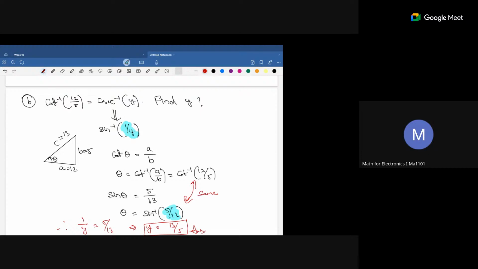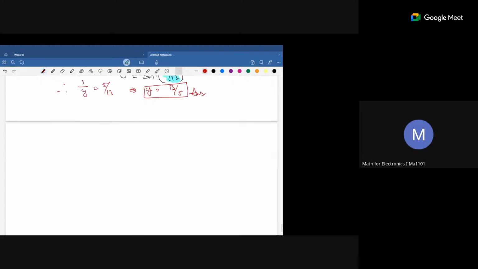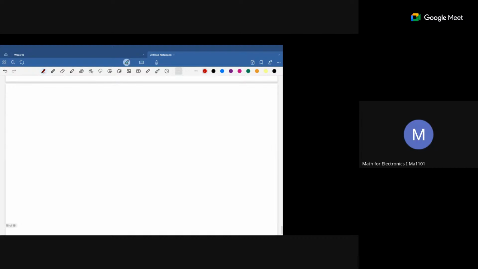So this is how we can move from one inverse trigonometric function to another inverse trigonometric function. That's the second question that we discussed from GA itself. Now you should be able to solve the third question in the GA.